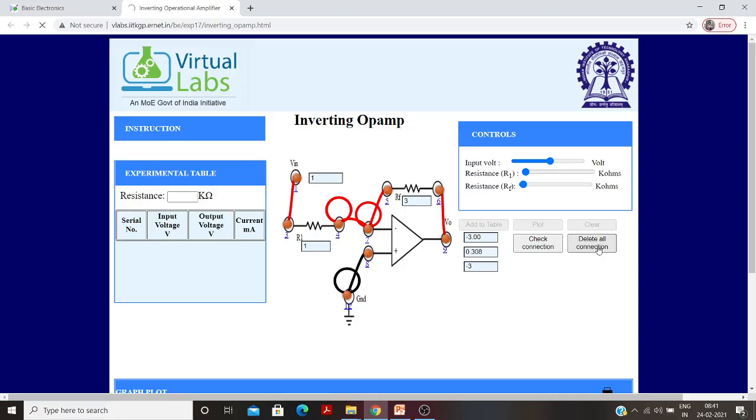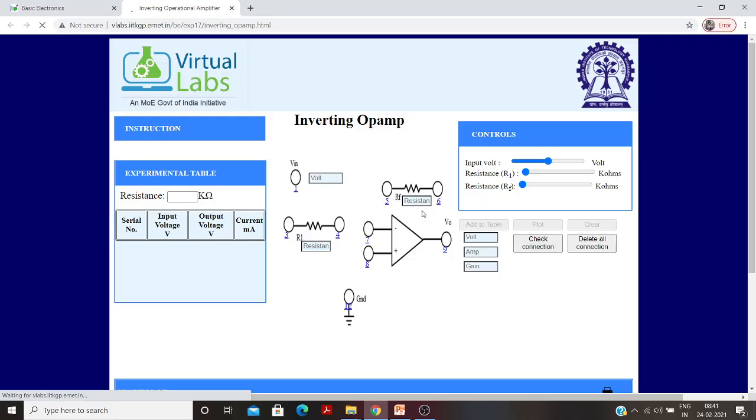This is a simulation in which you can design your inverting amplifier and test your output. So wait for a minute, I will go there for you.